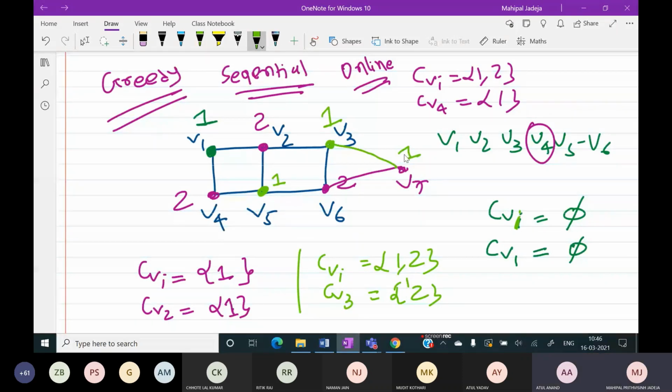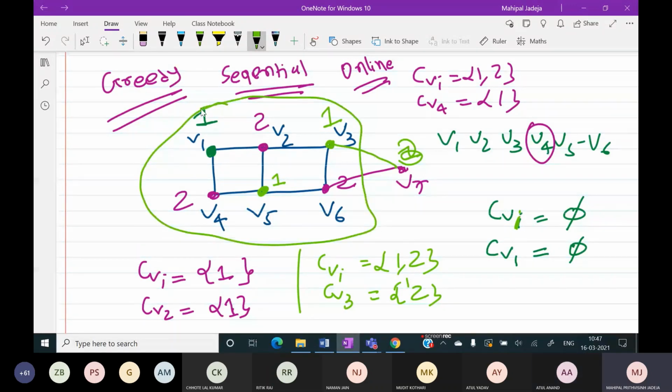But in any case, I am not changing anything with respect to my existing coloring. Therefore, it's called an online algorithm.